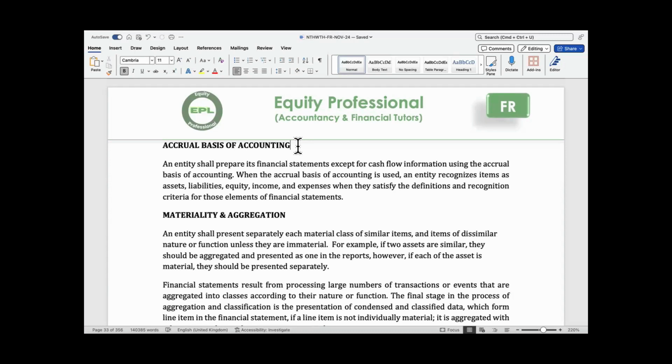So for us accountants, we recognize economic activity. So the taxman also has now gotten used to even doing that because it just makes life easy for everybody.